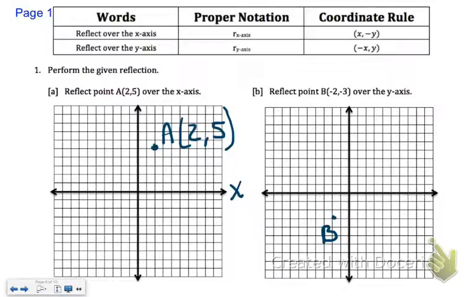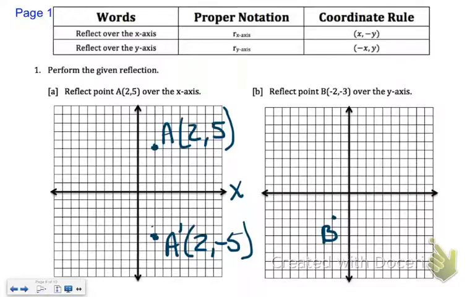So we have 1, 2, 3, 4, 5 units away on the opposite side. So A prime is now at 2, negative 5. Be sure to label your prime and to write the new location of that point.